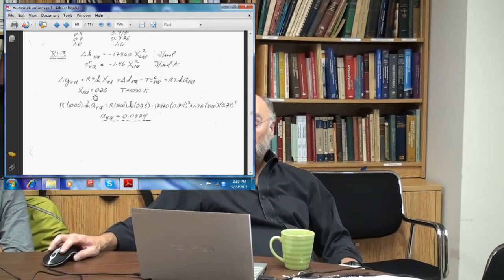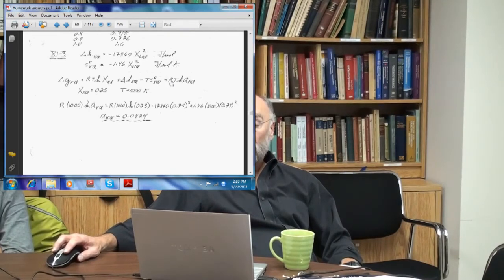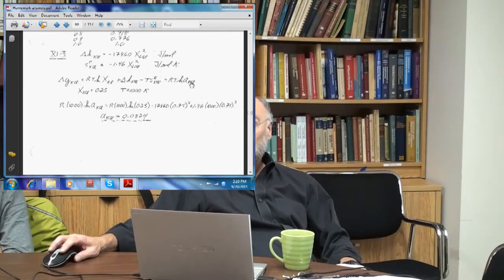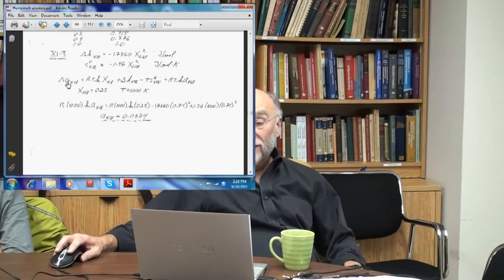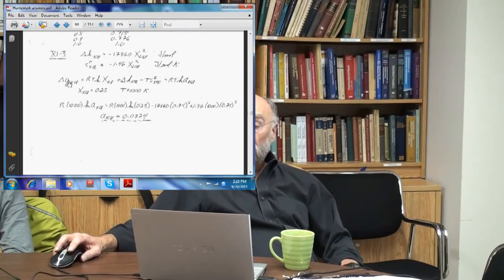If I want the activity of potassium chloride, I want the delta G partial of KCl, also known as delta mu KCl. The delta G of KCl is RT log activity. That's your definition of activity. So to calculate the activity of KCl, I need its partial molar Gibbs energy of mixing, or partial relative chemical potential of mixing.